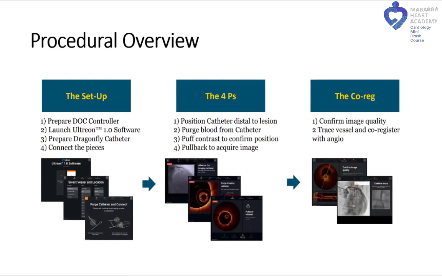Position the catheter distal to the lesion, purge the blood from the catheter, puff the contrast to confirm the position, and then trigger your pullback. In some centers, you can do co-registration if the feature is available. Basically, you co-register your OCT with the angiogram, and this will help you determine your landing zones for stenting.